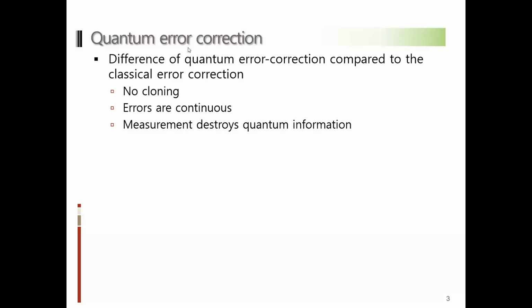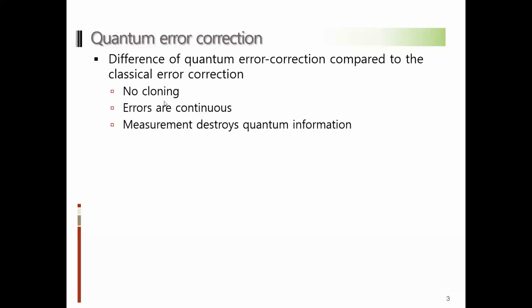Now let's discuss quantum error correction compared to the classical error correction code. There are some very important differences between quantum error correction and classical error correction. First of all, I mentioned that instead of just sending either 0 or 1, we will transmit 000 or 111 to represent the transmitted data.